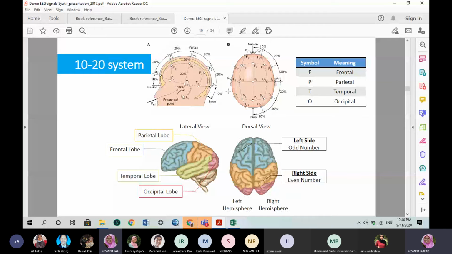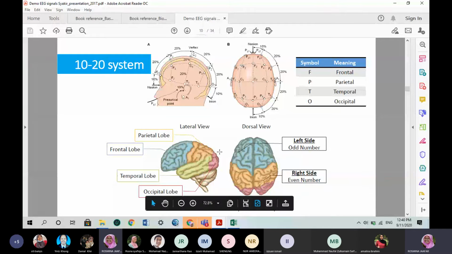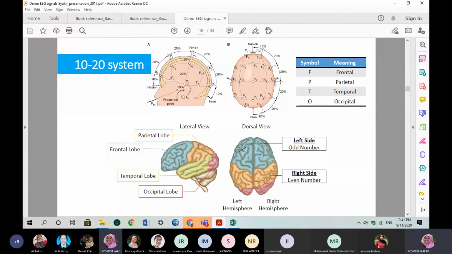And the level of the electrodes is based on the lobes of the brain. If you look at the brain structure, we have a temporal lobe, occipital lobe at the back, parietal lobe at the side, and frontal lobe above your forehead. If you move from forehead to back, you will have frontal lobe, parietal lobe, and then occipital.